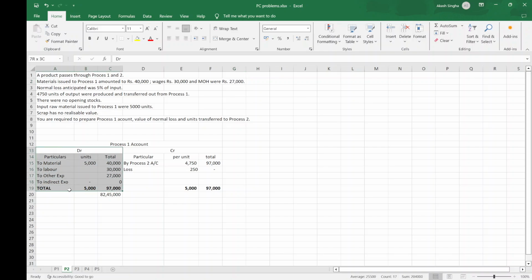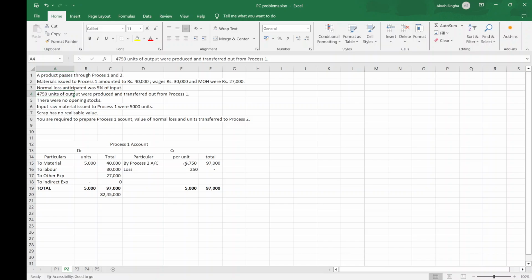Process 1 account: 40,000, 30,000, 27,000. Total units 5,000. So the total will be this. Now here the total will be 97,000, but 4750 units of output were produced.